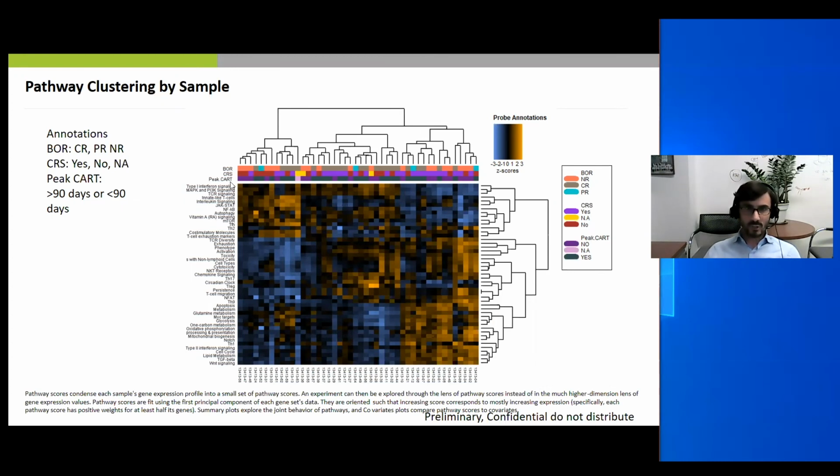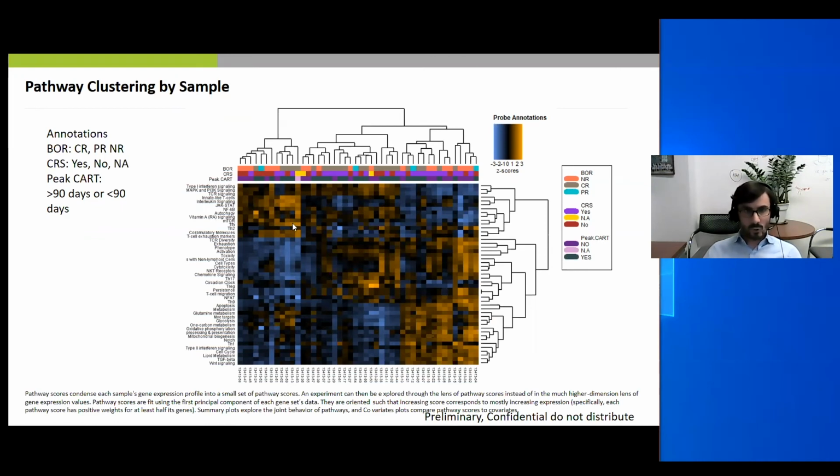You have also the cytokine release information, with dark red being no CRS and this purple being presence of CRS. And then, as mentioned, we have the peak CAR, which basically means the persistence of the CAR, less or more than 90 days, as you can see here.